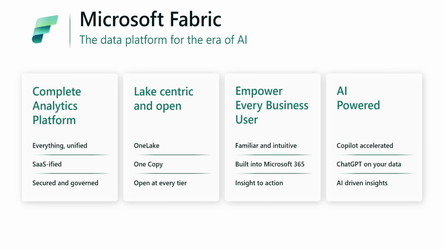The last pillar is around being AI powered. We want to have Copilot acceleration everywhere. Let's say you're starting out as a data scientist, venturing into data science, and you want to build your first regression model. There should be a Copilot available for you to ask those questions and help you build a pattern. Or let's say you're a citizen developer and you need some assistance with your dataflow curation.